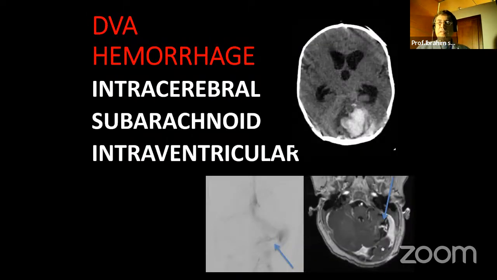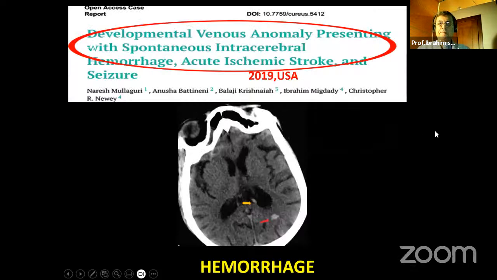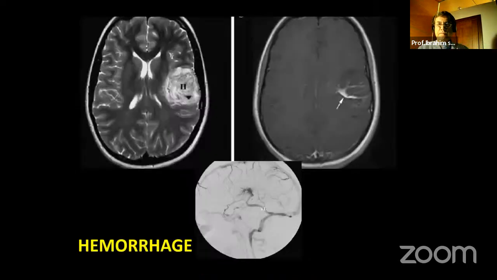And they can also present with hemorrhage. So DVAs can bleed. And if they bleed, bleeding could be intracerebral, subarachnoid, or intraventricular, as in this case. Paper from USA, 2019, hemorrhage, DVA is here, hemorrhage is here. Alone, solo, nothing associated with it.